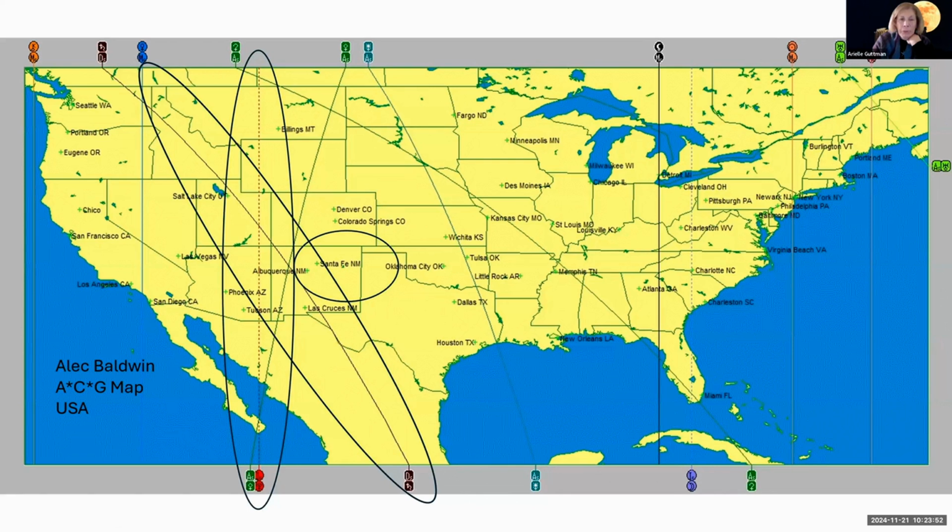Now, I don't know if you're familiar with this one, because I lived in Santa Fe for so long. It's still sort of my beloved former home, so I keep track of it. But I think this news came out of Santa Fe. Alec Baldwin is a famous actor who was really famous for playing Trump on Saturday Night Live during the 4 years that Trump was in his presidency before.